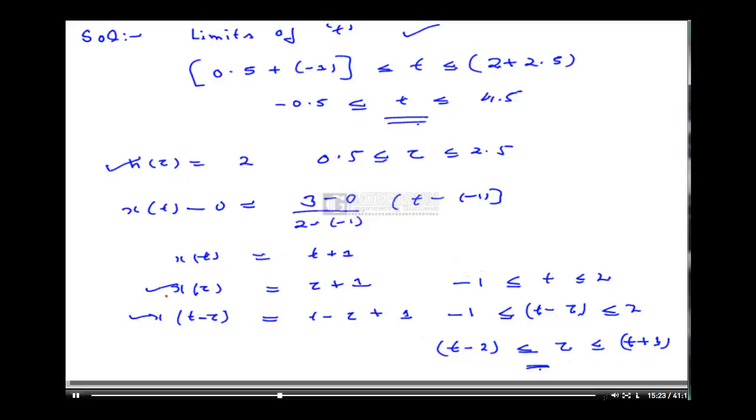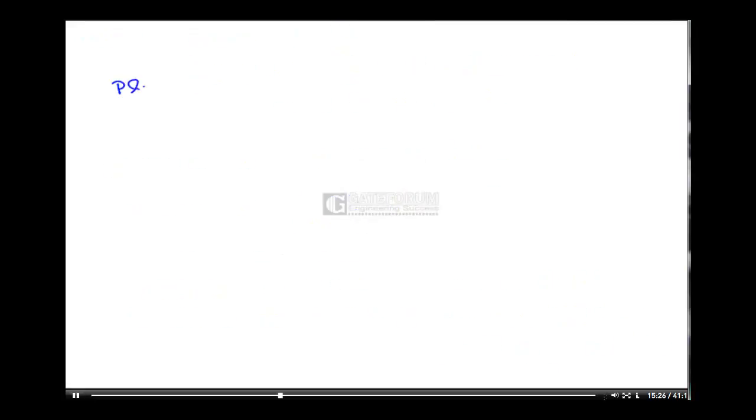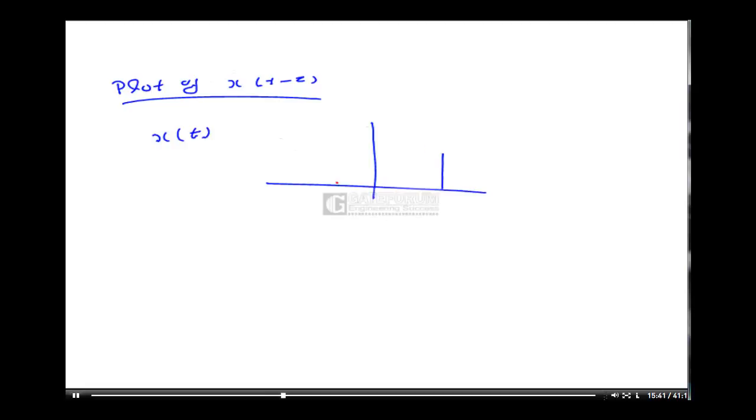Okay. Now just see the plot of x of t minus tau. See, xt is this. Okay. That means I can write x tau as equivalent to xt. Now x of minus tau will be what?